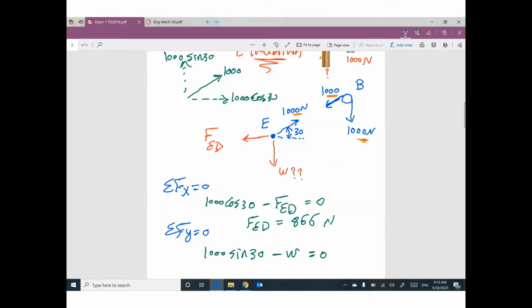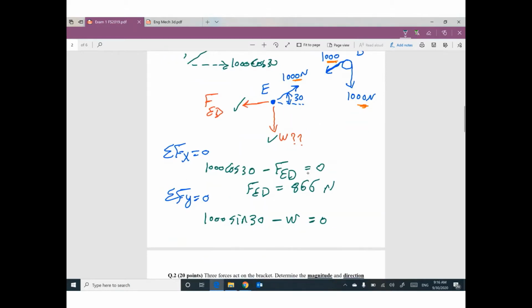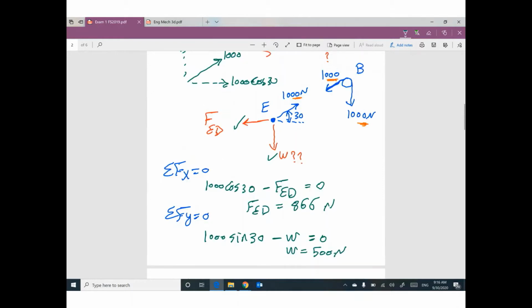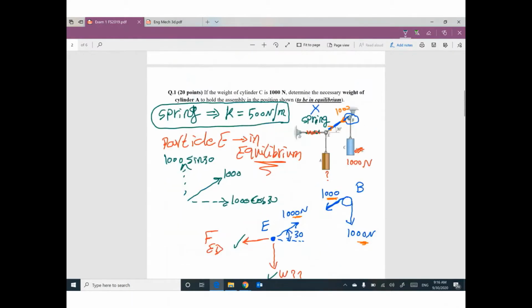The only unknown in this equation will be W, which is 1000 times sine 30. It will be 500. So the required weight at A will be 500 Newton.